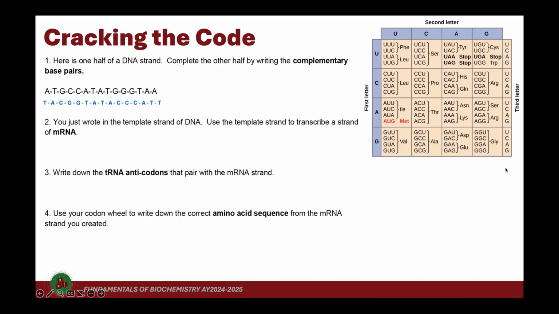Now, although the directionality is not written, if it's not written, then we can assume that the given strand is written from 5 prime to 3 prime, which means the complementary strand that we wrote is running from its 3 prime down to its 5 prime. Now it says we just wrote in the template strand of the DNA.